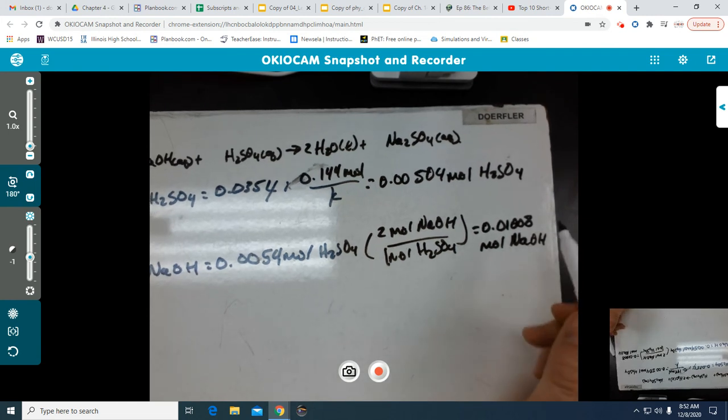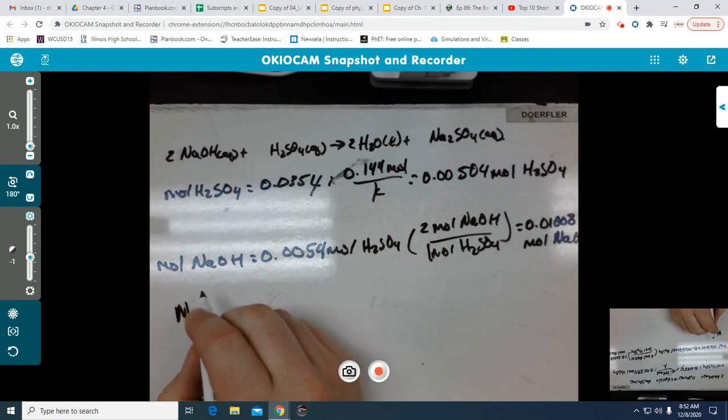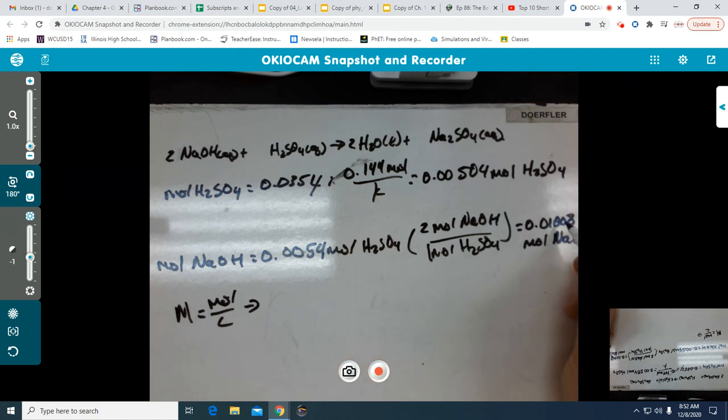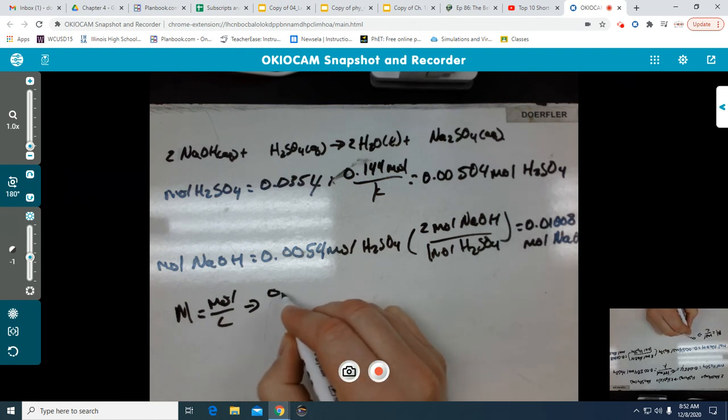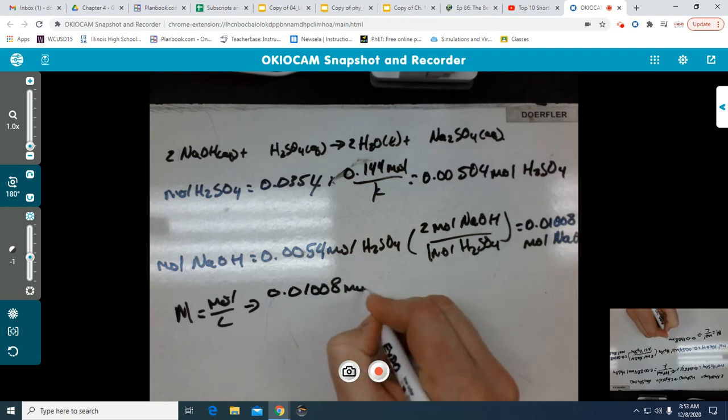So now that we have our moles of sodium hydroxide, we then need to determine our molarity of sodium hydroxide. That's going to be moles over liters, using our 0.01008 moles.